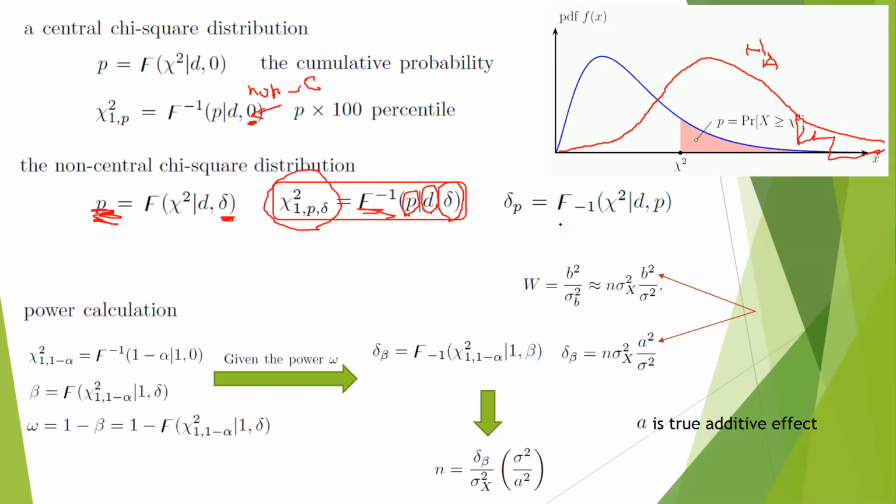Or there's another version of the inverse function. Given the cutoff value, the percentile, the degree of freedom, and the p-value, we can calculate the value for the non-centrality parameter. So this is the new concept.